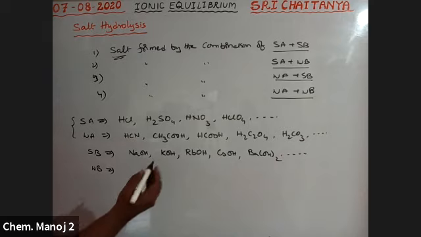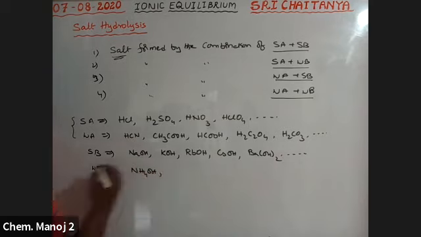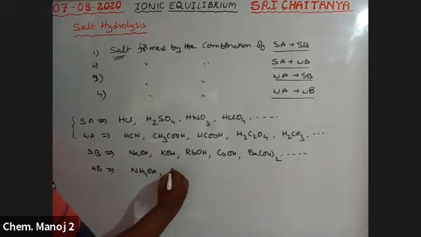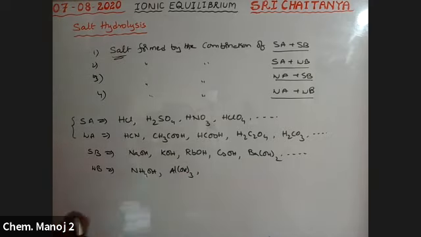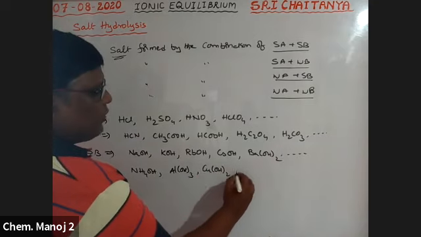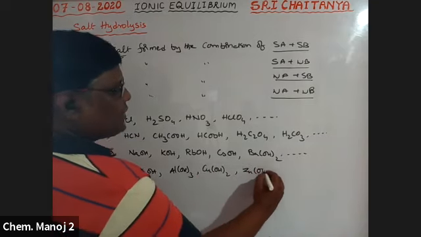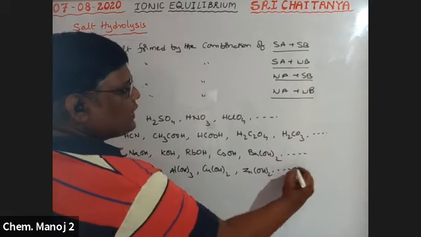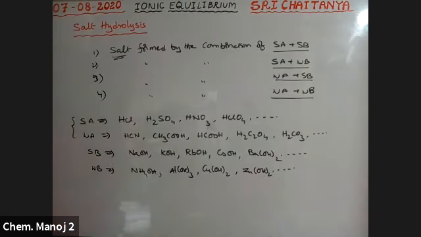The frequently used one is ammonium hydroxide, NH4OH, a weak base. Aluminium hydroxide is also a weak base. Next, CuOH twice, cupric hydroxide, zinc hydroxide. All these are weak bases. So please try to remember. These are strong acids, these are weak acids. These are strong bases, these are weak bases.